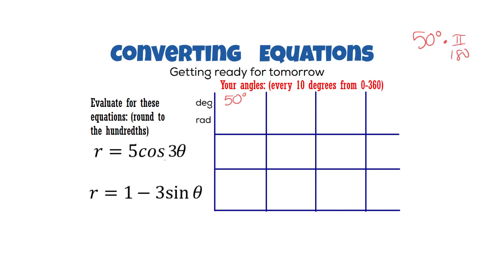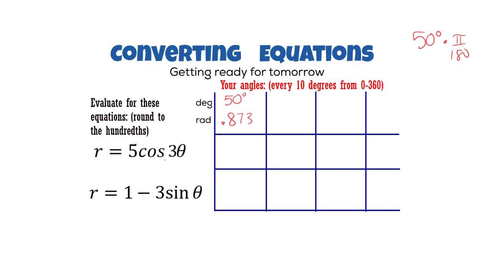And that's going to get you your radian value. I should have had this done already, sorry. As a radian measurement, that's 0.873. Now, you can use the 50, you can use the 0.873.